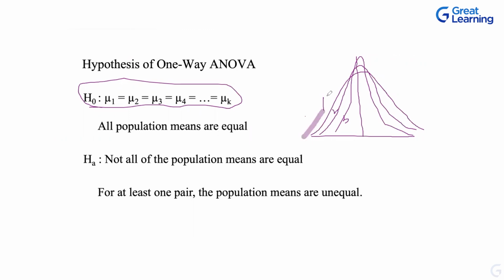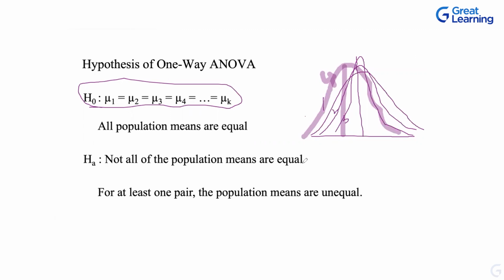For some reason, let's say this curve is like this, and I have a mean here. This is another sample. So let's say this is mu1, mu2, mu3, and this is mu4. What does this prove? Mu1 equal to mu2 equal to mu3, but that is not equal to mu4. In that scenario, my alternative hypothesis comes true because not all population means are equal.